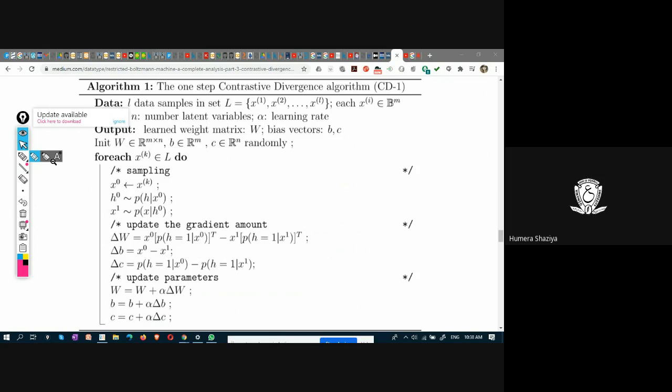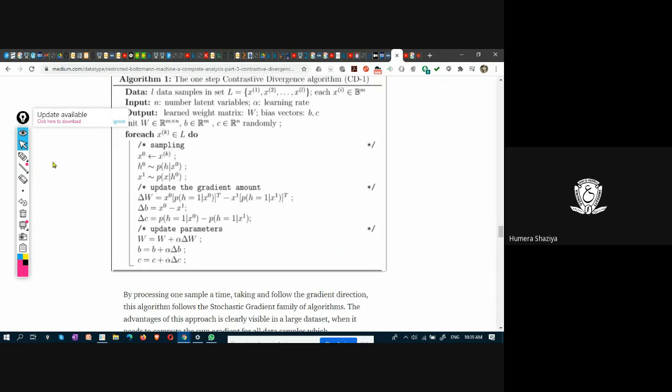You are initializing xk to x naught, and then probability of h conditioned on x naught gives h naught. Probability of x conditioned on h naught gives x1.